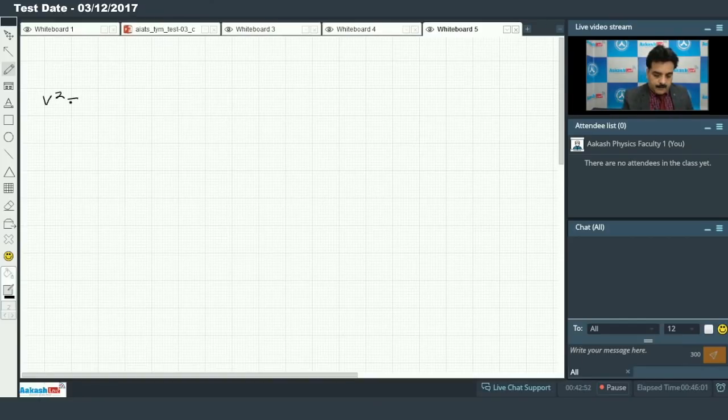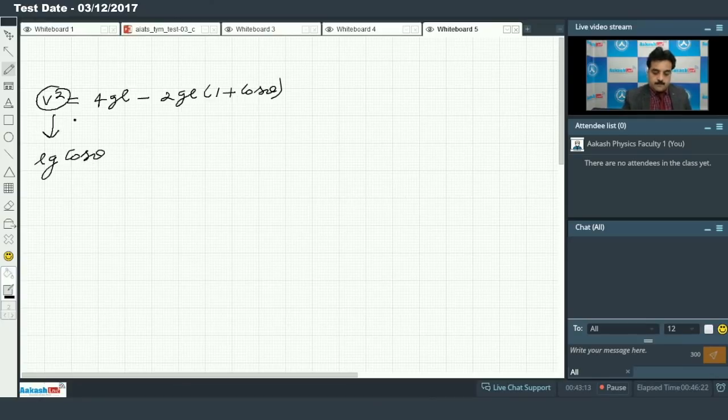v square is equal to 4gl minus 2gl times 1 plus cos theta. But as I discussed, in relation number 1, the value of v square is equal to L g cos theta. So L g cos theta is equal to 4gl minus 2gl times the bracket. If I multiply inside the bracket, minus 2gl cos theta.